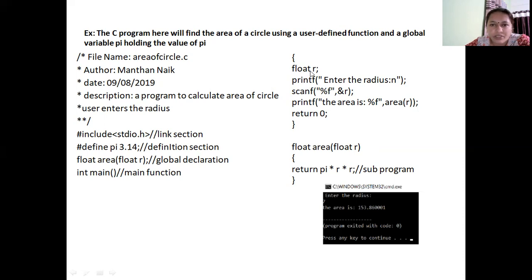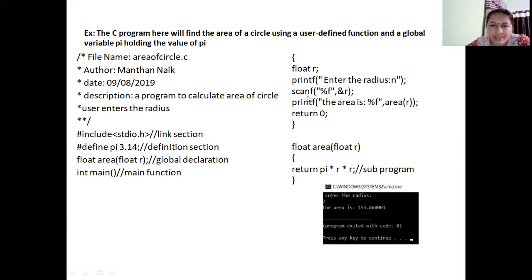Inside the main function, I'll declare a variable r to hold the radius. I'll ask the user to enter the radius by giving a prompt message, enter the radius, and whatever the user enters as a value of radius, that has to be taken and put into the memory location indicated by the variable name r, and that function is performed by scanf.